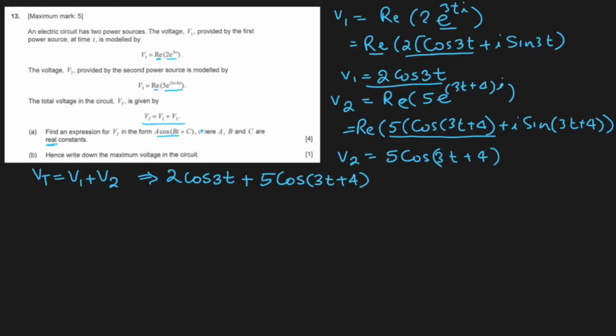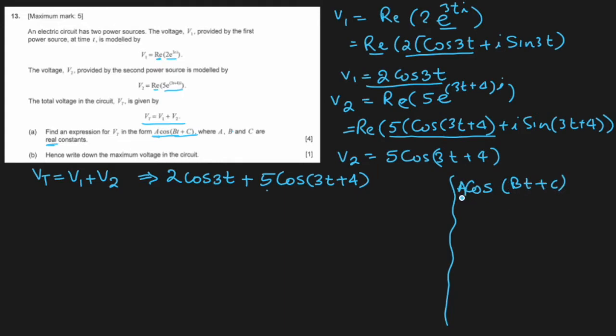Okay, we want one term with cos with a coefficient and an angle. We want this format, cos bt plus c, and there is a in front, right?